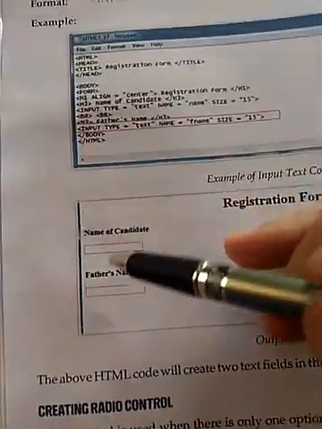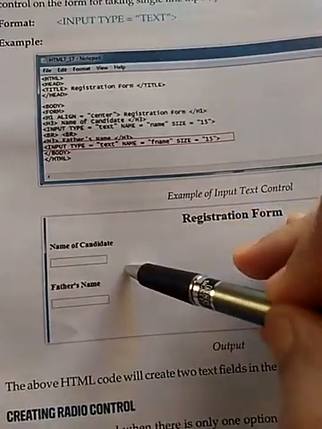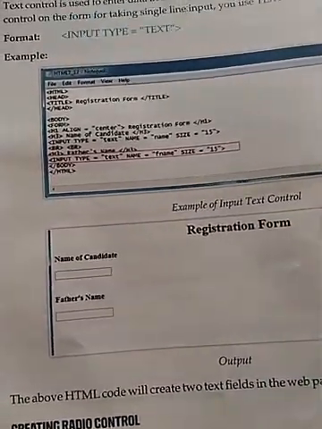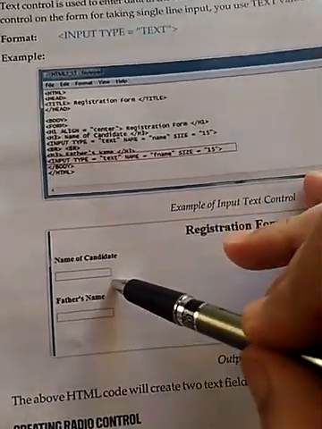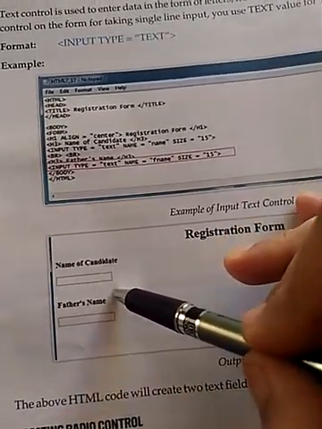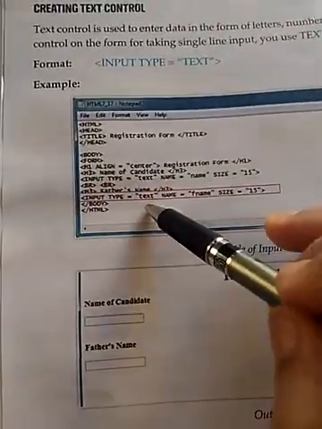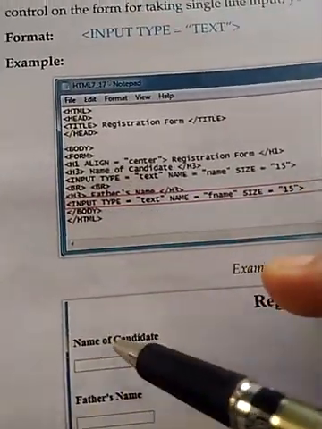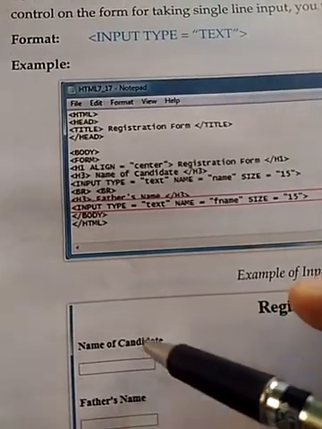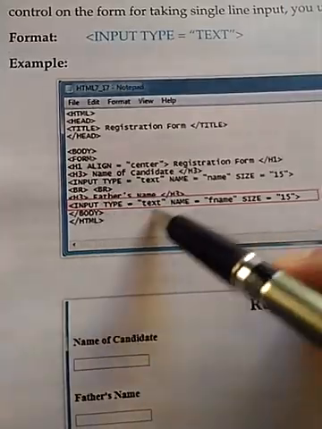Now if we want to define a text box, then the tag will be input and type will be text. Remember this.